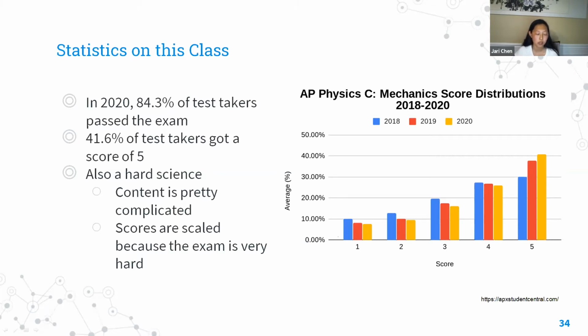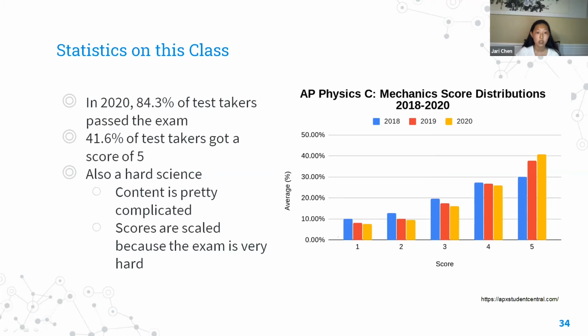For other classes like biology, you may need to get around 85% or higher to get a score of 5. But on physics, you only need to get somewhere around 55% to ensure you have a 5. This means that most people pass this exam with a really good score.